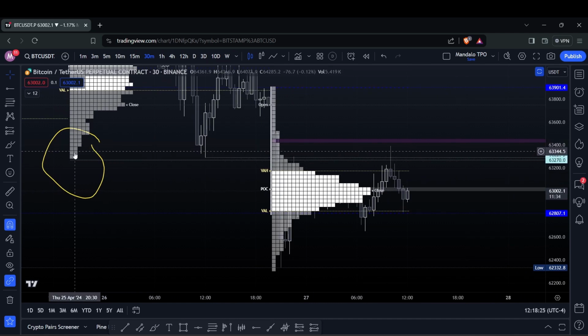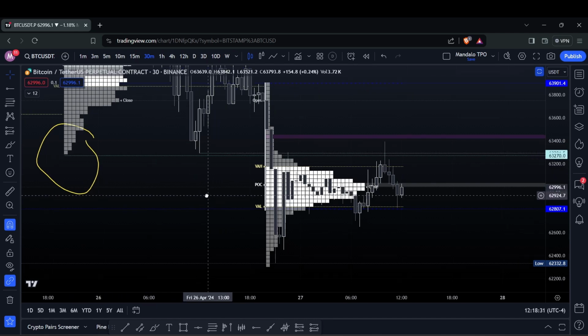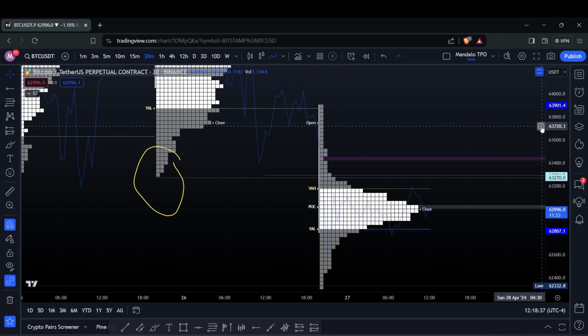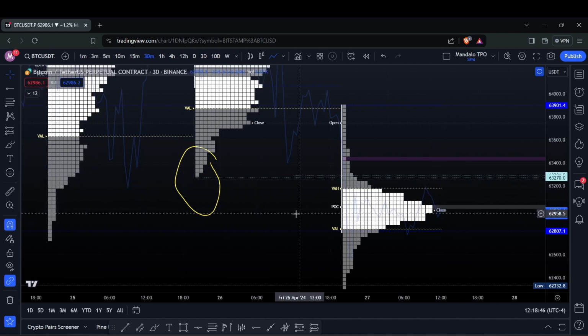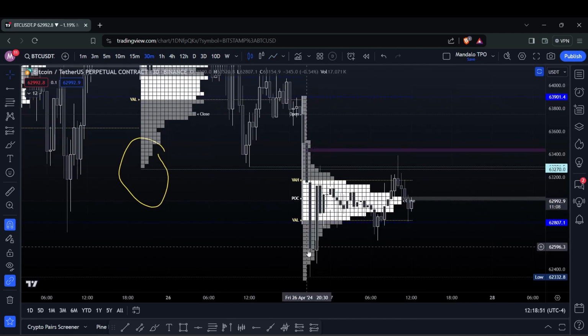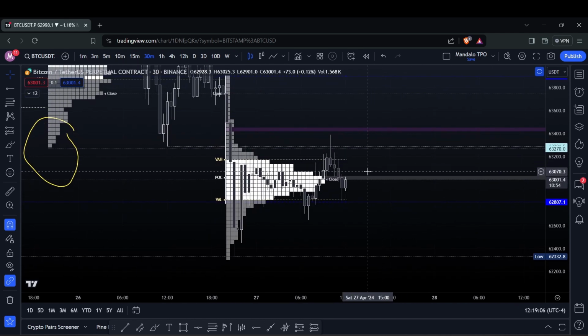It was an area which has a high probability of being revisited, and now you can see, based on market structure and really the TPO profiles, not only did we clean this up or repair that area of unfinished business, but currently it's become an area of resistance.